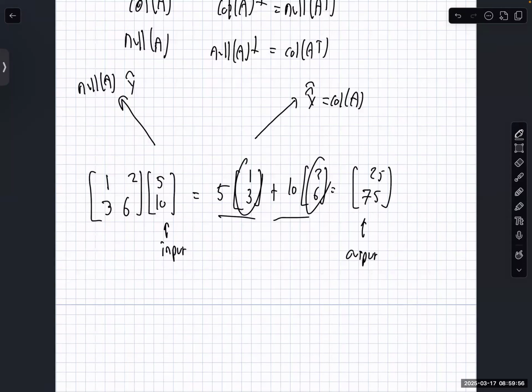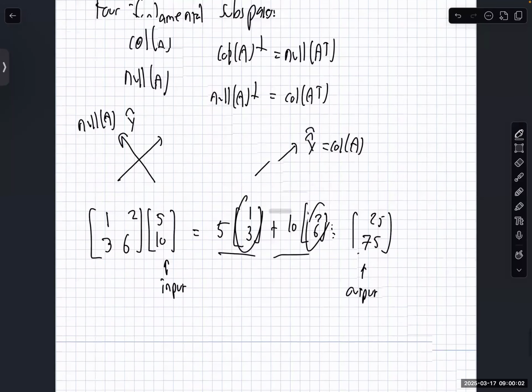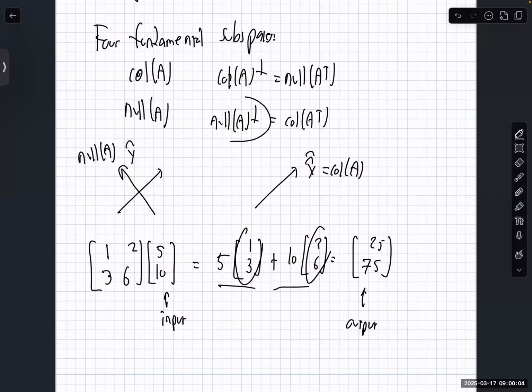And then the complements live in the same space. So remember, the complement of the null space is the column space of the transpose. So my x-axis is going to be the column space of A transpose, and my y-axis here is going to be the null space of A transpose.